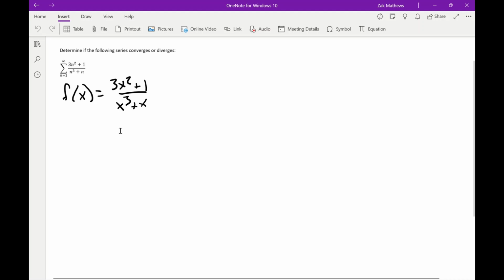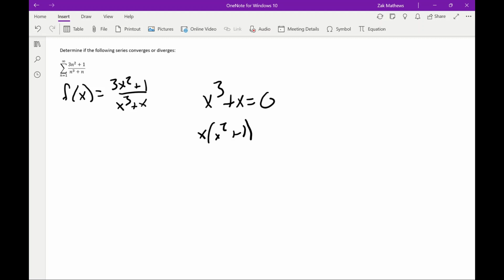So the first thing I recognize is that this function is continuous, provided that the denominator does not equal 0. So let's think about when this part of it is equal to 0. Well, when we solve the first half of that, we get x is equal to 0. The second would be x is equal to plus or minus i, which of course is not in the domain when we're considering the real numbers.